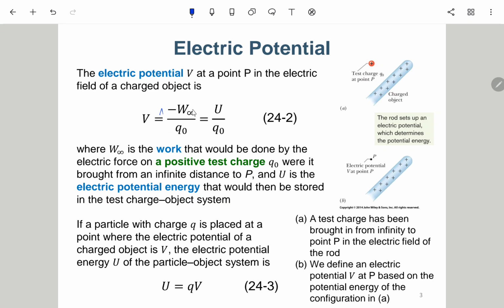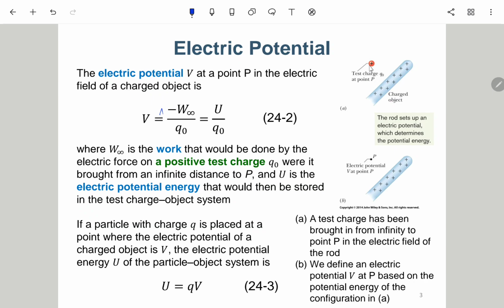You try to move the charge, and in this case you will gain some electric potential energy. Say this bar is a positive charge, and you put a positive charge here, you will store some energy in this system, because these two positive charges will repel each other.